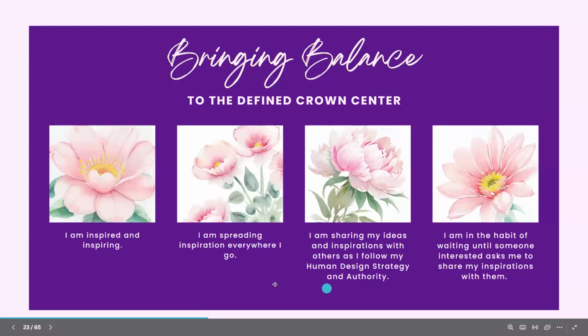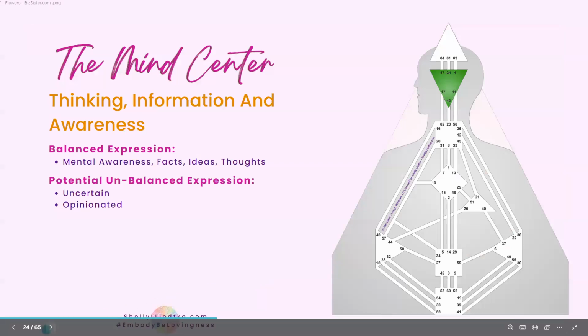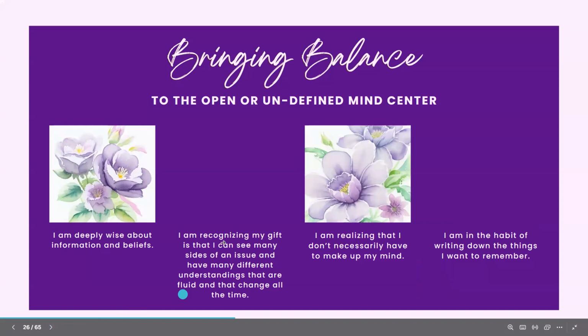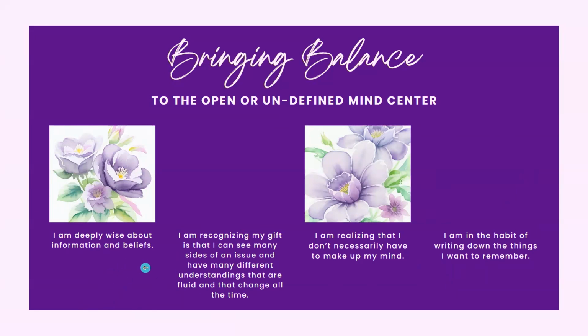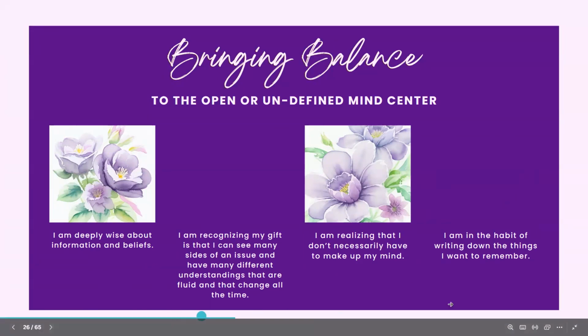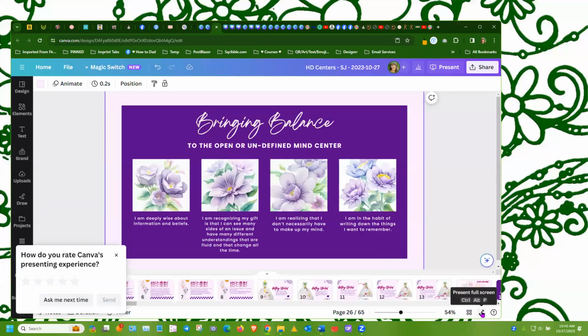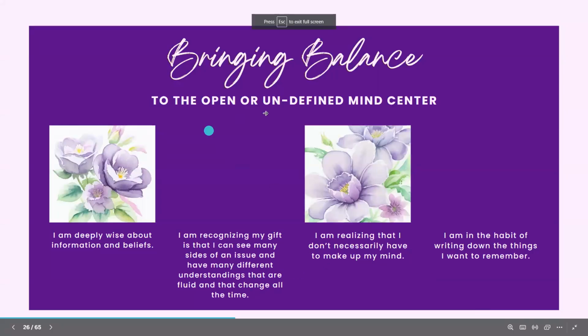So, and there's different, oh my goodness, this is backing up. I don't know where my little flowers went. So there are also energies here. I am deeply wise about information and beliefs. So this is for the defined mind center. I wonder if there we go. There. I don't know why it's not loading in the big thing.